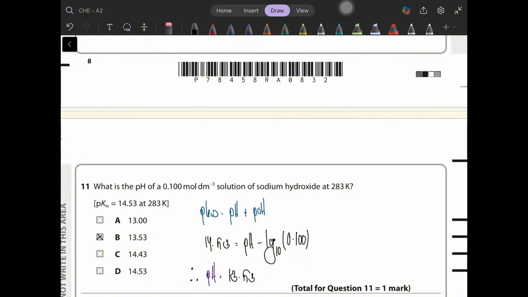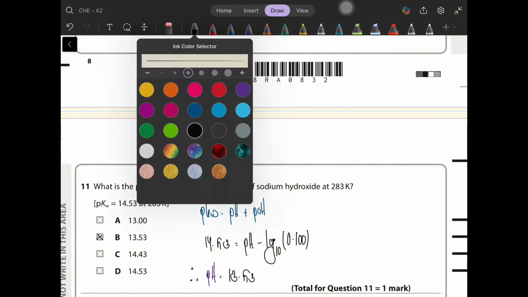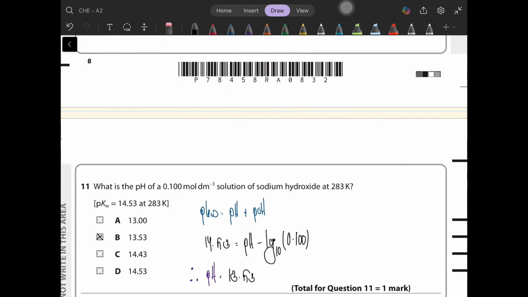What is the pH of a solution of sodium hydroxide? Whenever it says something about a base, pKw is going to be equal to pH plus pOH.